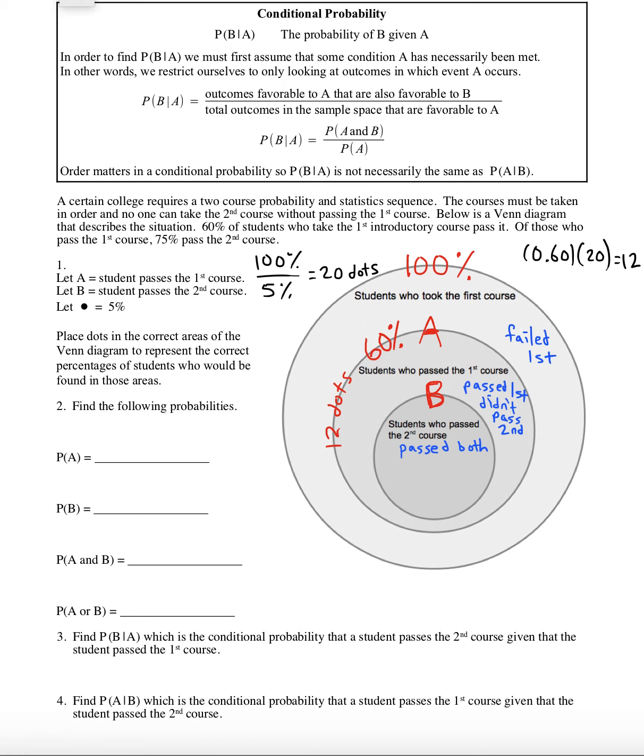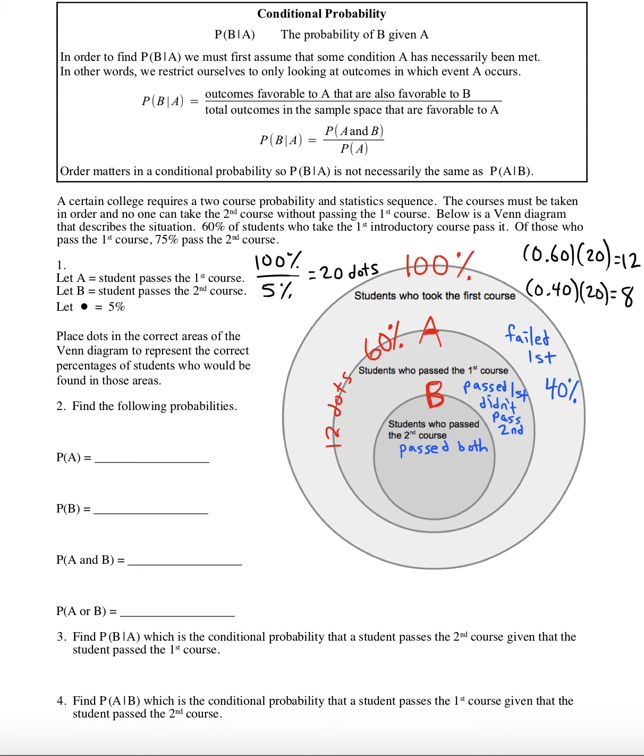How many dots would go outside bubble A then? Well, 40% of the dots. That would be 8. So I'm going to write that in, that I need 40% in this region.